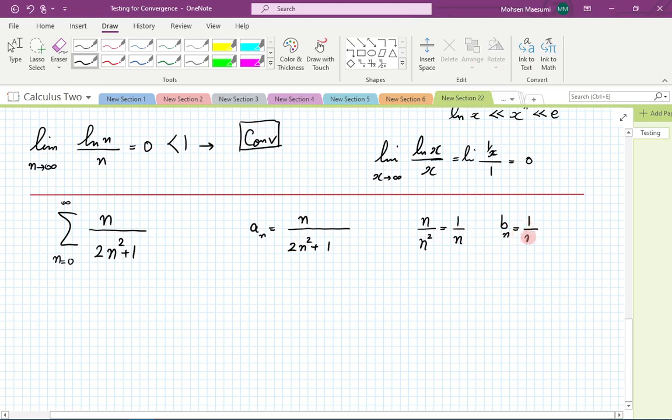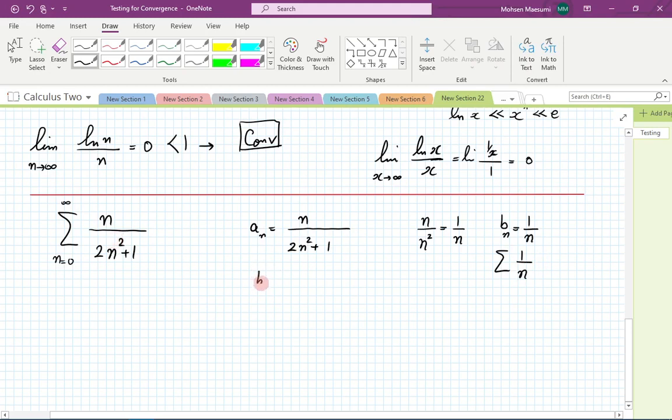Comparison series is simply 1 over n. That is, sigma of 1 over n is going to be compared against this one. Okay, so you simplify the leading term, you have your new series. It's 1 over n. You know 1 over n diverges, and that's going to be why this one diverged.